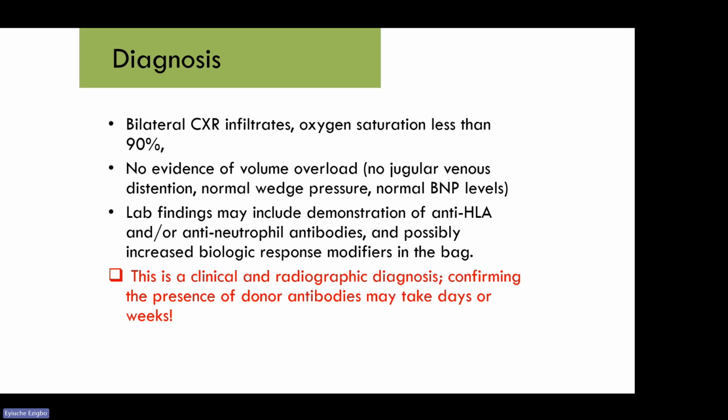Unlike in TACO, where we still have respiratory distress but the jugular veins are distended. So: no jugular venous distension, normal wedge pressure, normal BNP levels.